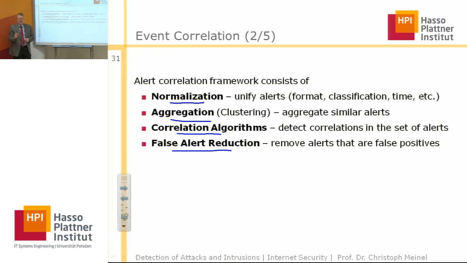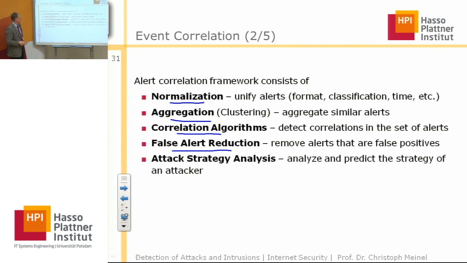The problem here is that after getting a couple of such false alerts, the system administrator becomes lazy and will not respond to the next alert, and the next alert could be a true alert. So this false alert reduction is an important step.